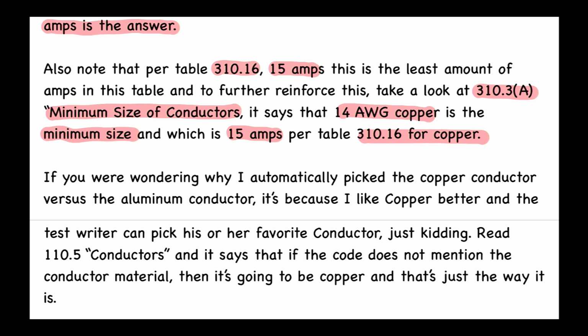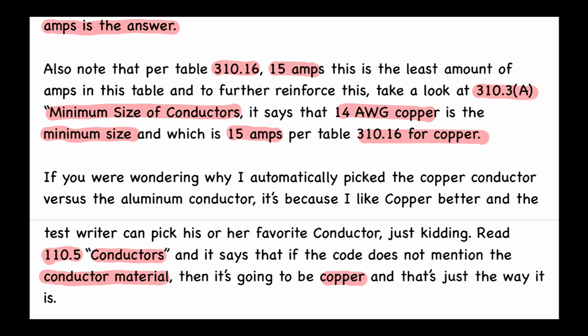Read 110.5, which is called Conductors. It says that if the code does not mention the conductor material, then it's going to be copper. And that's just the way it is. So if you're reading a question and the test writer does not mention whether it's copper or aluminum, it's just going to be copper.